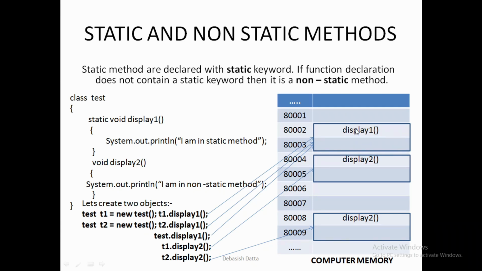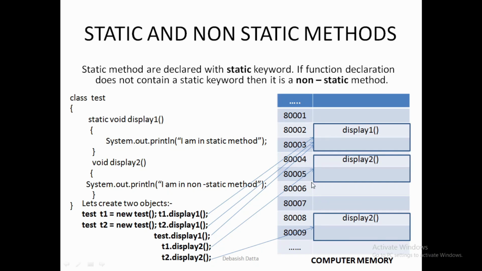Here it is. But for the non-static method, two different calls using two different objects are associated with two different memory locations. For T1 there are separate memory locations, and for T2 there are separate memory locations.